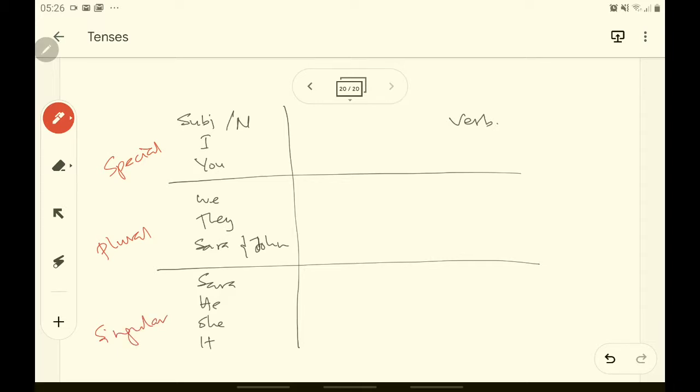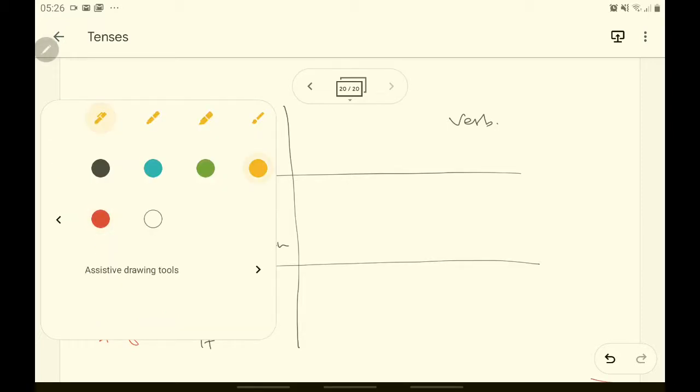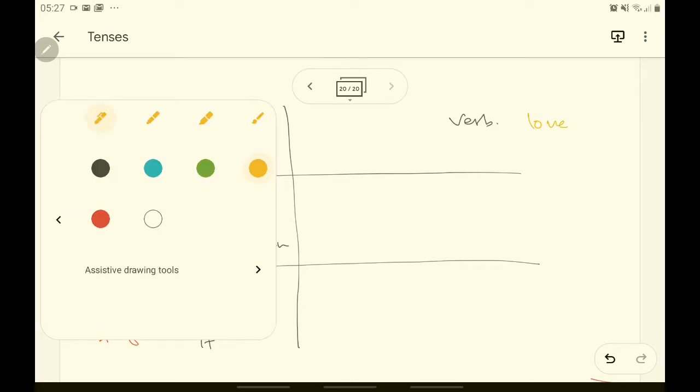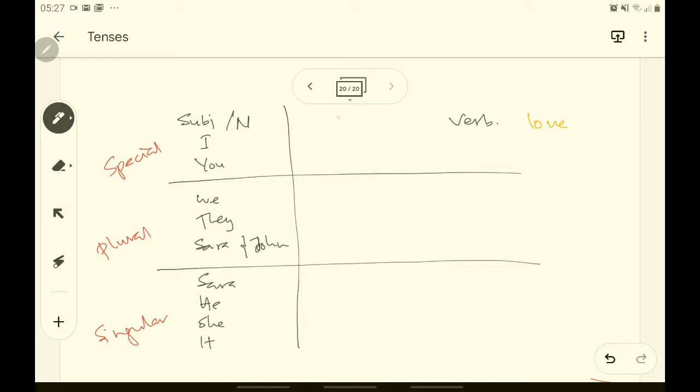Okay, let's just take the verb love. The first rule is that you have to put the verb to have. So for special and plural, you have to add have.